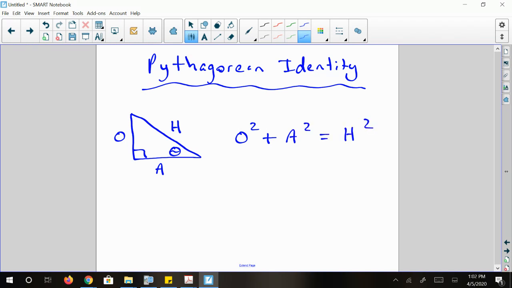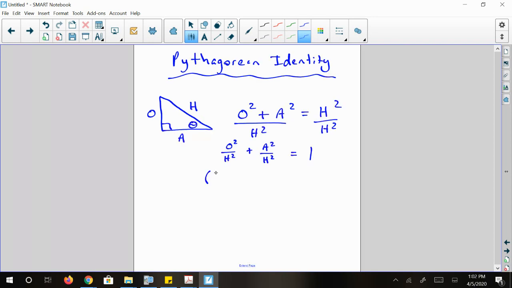Now the Pythagorean identity goes a little bit further. It divides both sides of this equation by h squared, which means the right side of the equation is now going to be 1. The left side can be written as O squared over h squared plus A squared over h squared, because I'm dividing everything by h squared.